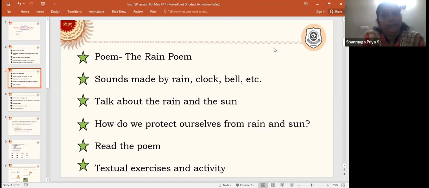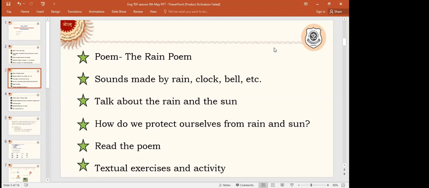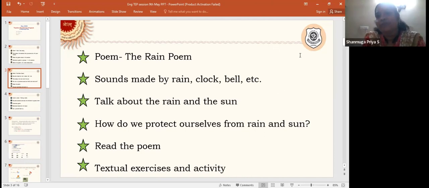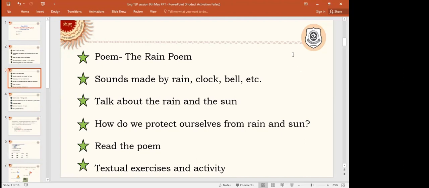What would we like to eat or drink during the summer season, teachers? Juice, tender watermelon, tender coconut, ice cream. Yes, children would definitely say ice cream first.